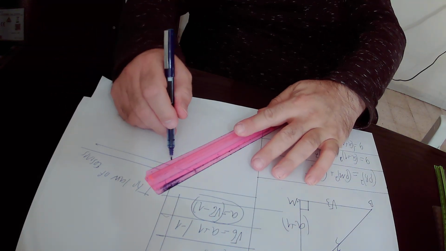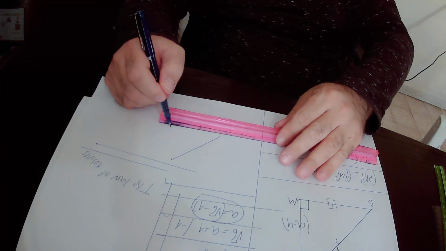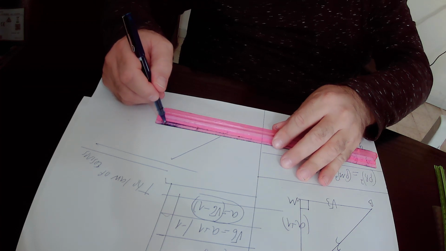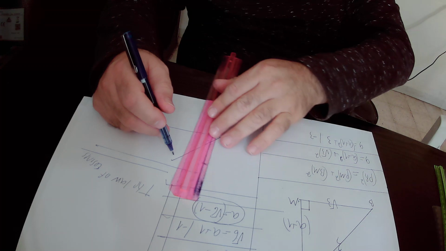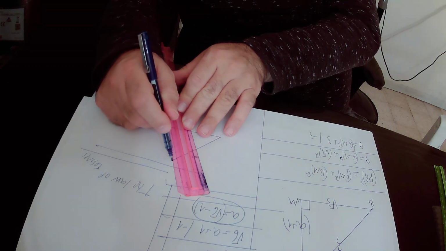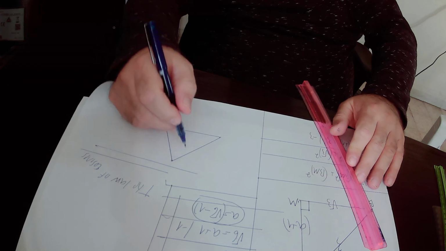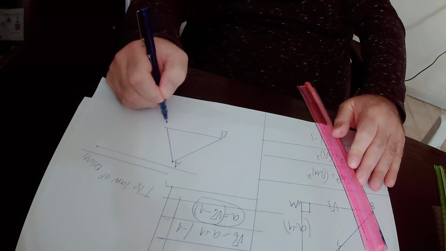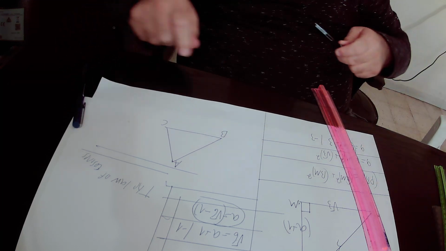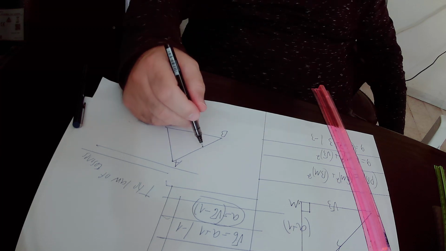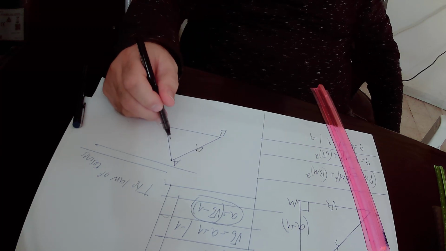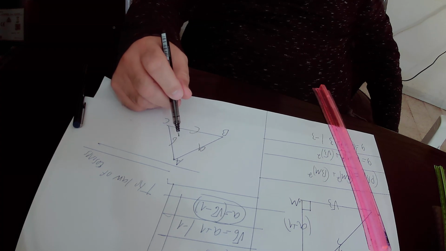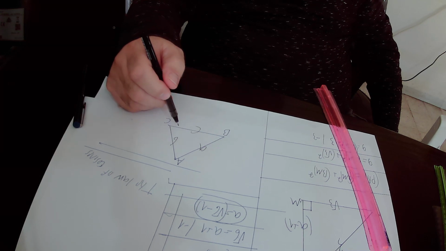So if we have a triangle ABC, that could be any triangle, not necessarily our triangle, but any other triangle. This is triangle ABC. We know that the length of side AB is equal to A units, side AC equals B units in its length, side BC equals C units in its length, and the angle between side AB and side AC is theta.